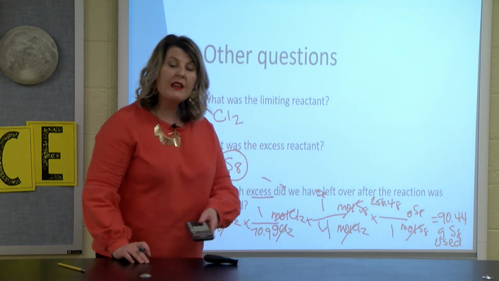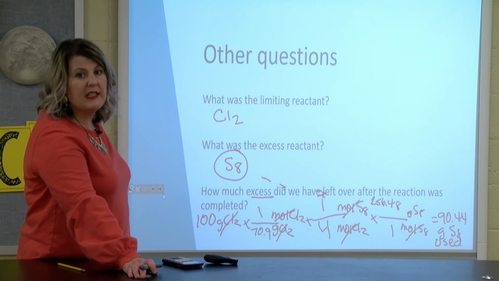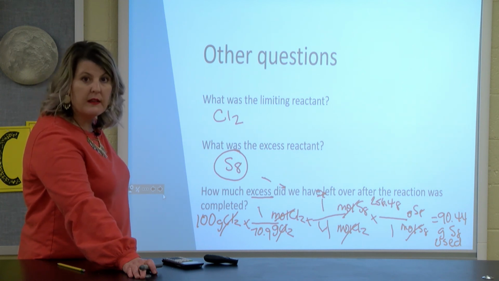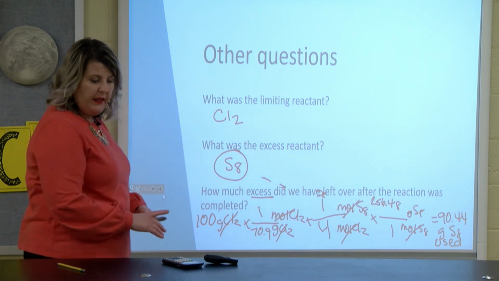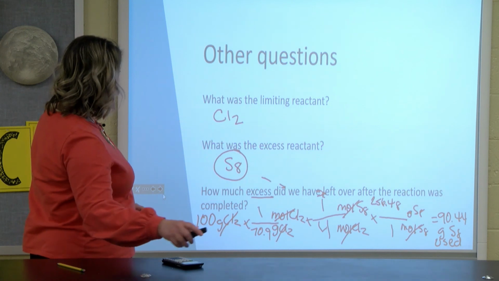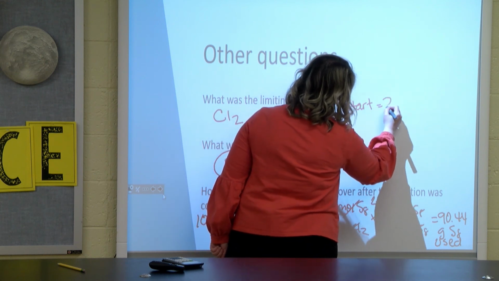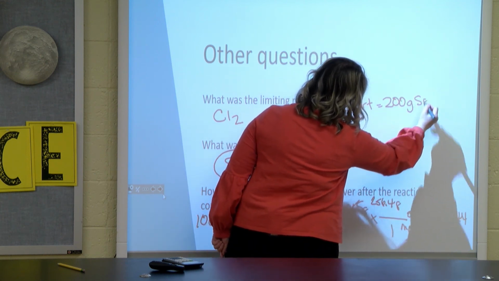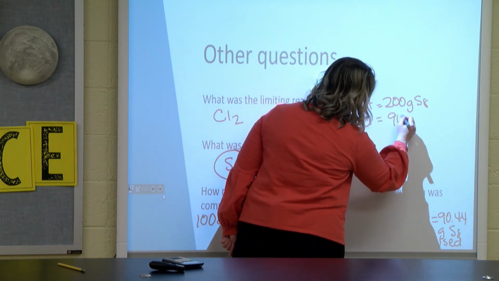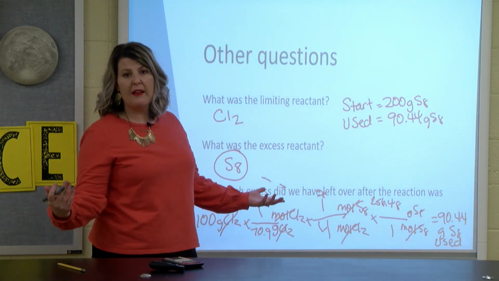used. Now that's not my answer, because that's not what the question asked me. The question didn't say how many grams of S8 did you use. It said how many grams of S8 do you have after the reaction was complete. Well, if I started with, let's go back and see how much I started with. I think it was 200 grams. So if I started with 200 grams, and I used 90.44 grams of S8, how do you figure out how much you had left over?